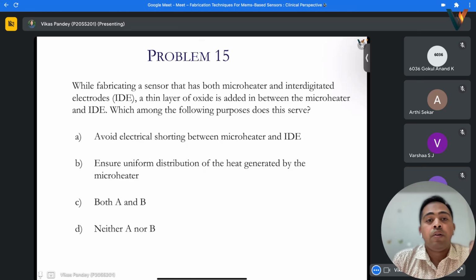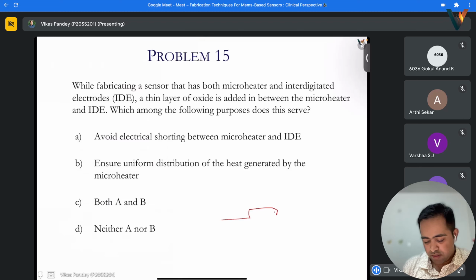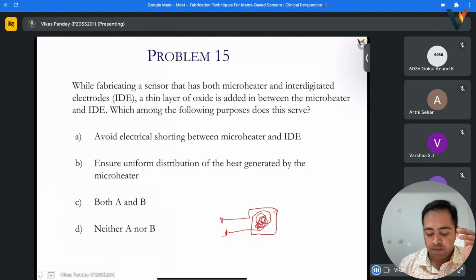Okay. While fabricating a sensor that has both microheater and interdigitated electrode, this is what we saw, that we had a microheater like this. Let's make it like this. I am not able to draw it properly. Okay, we had a microheater, and then above it there were ID pattern, interdigitated pattern.